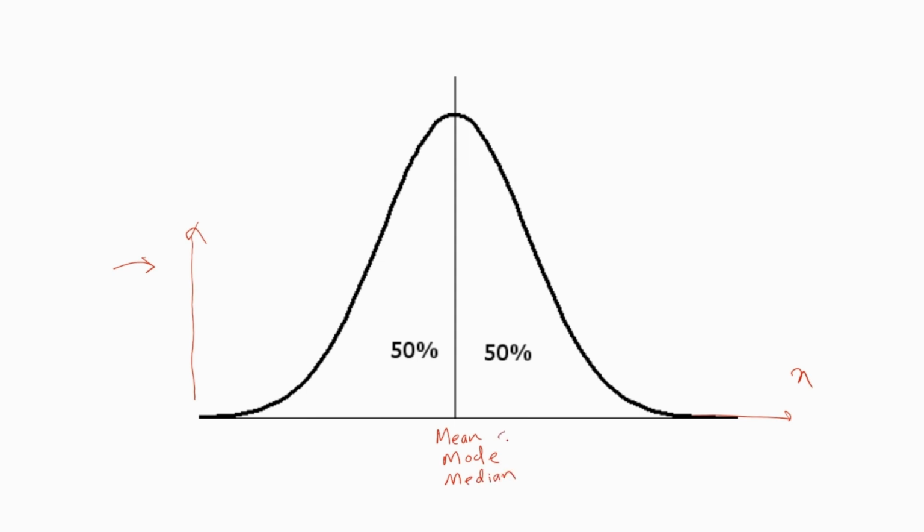These values are all equal and they are located at the center of the graph, which means this line divides the bell curve into two perfect parts because the bell curve is perfectly symmetrical. These two 50 percentages represent the symmetry of this bell curve around the mean value.